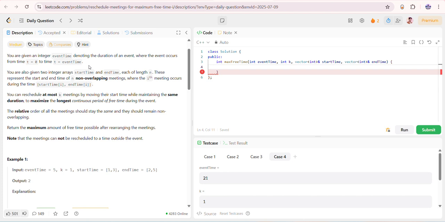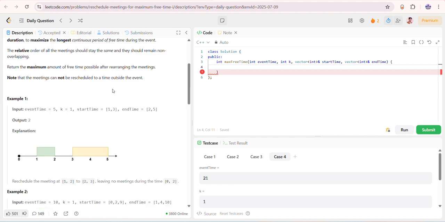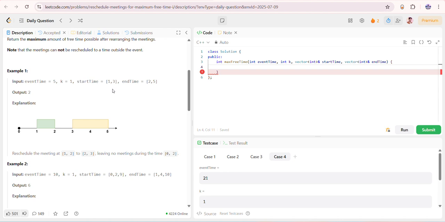First of all, try to think what type of question this is. This is a question where you have to shift the intervals to create maximum free time. For example, in the first example, from 0 to 1 we are free and from 2 to 3 we are free.